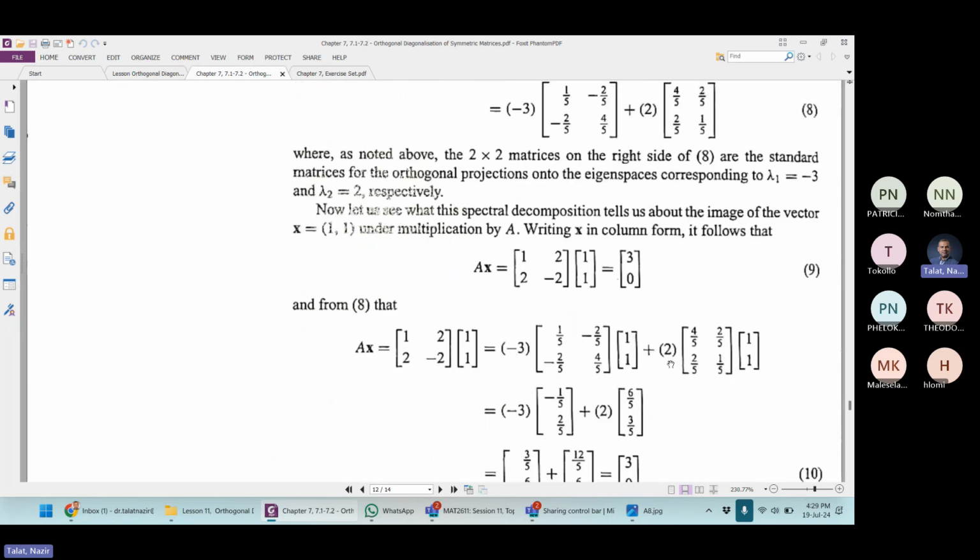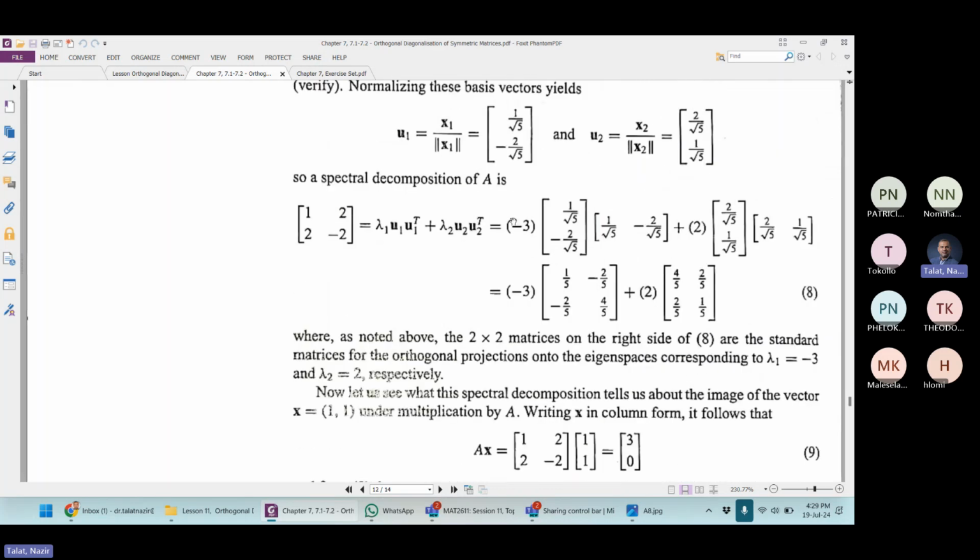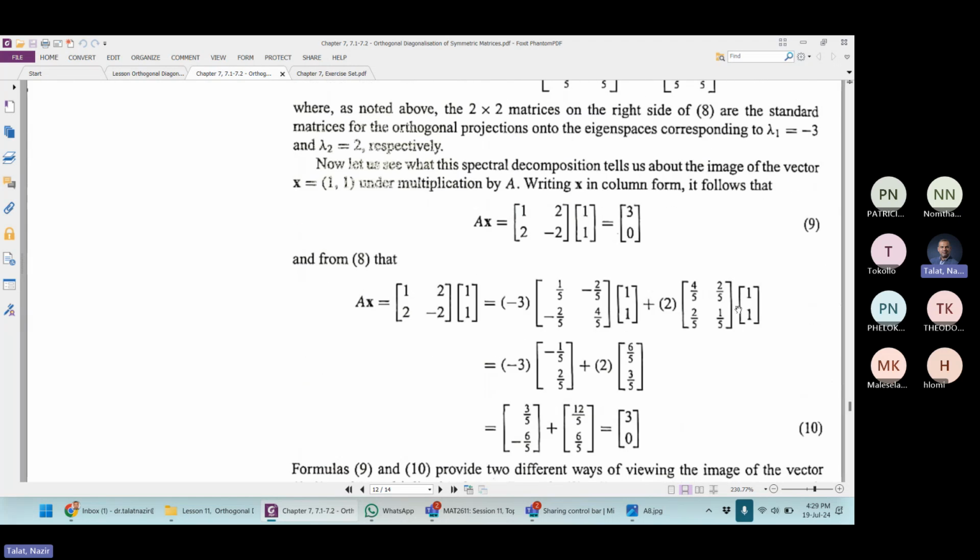On the other hand, if you multiply this vector 1 1 with the right-hand side, this is the decomposition. If you multiply this vector on the other side, it will multiply with the first element plus the second element. It's just a distribution of the multiplication. A matrix multiplied by a vector is a vector, and a matrix multiplied by a vector is a vector.